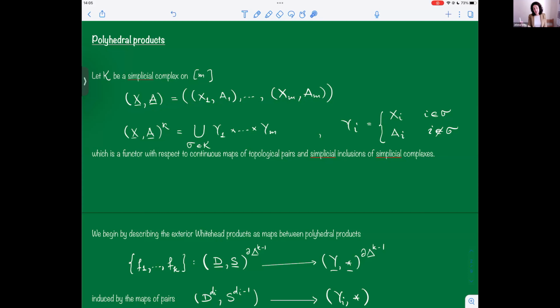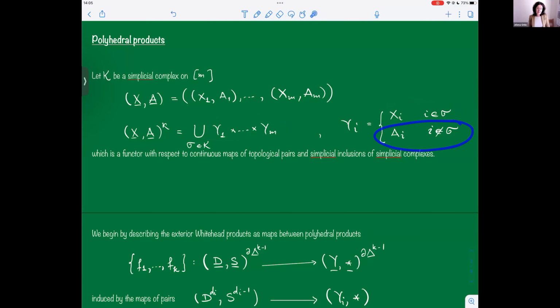in the following way. Well, you can consider that polyhedral product as a colimit construction over the face category of K. So namely, you take your simplicial complex, you take a simplex sigma, and then you're looking at a product of spaces such that if the coordinate is labeled by sigma, then you're allowing the whole space X_i.